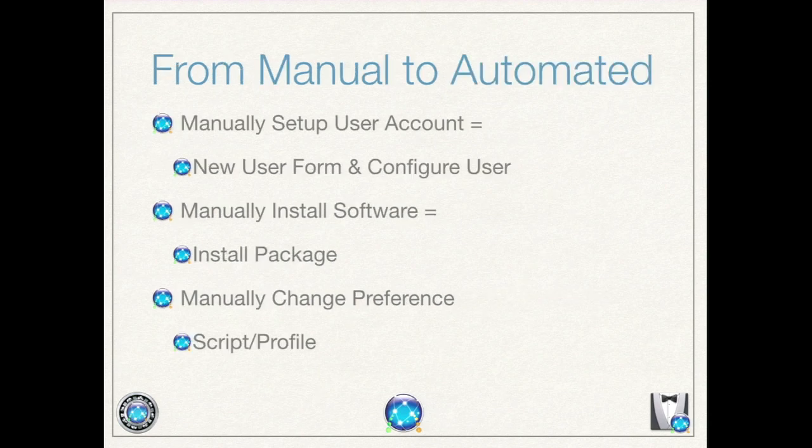So we want to talk about how we would do this before. Manually, we would create a new user by logging in through the setup assistant, creating our admin account, then going to System Preferences, or maybe going into Directory Utility and binding. The automated way of doing this through DeployStudio is either the new user form or the configure user task within the computers database.